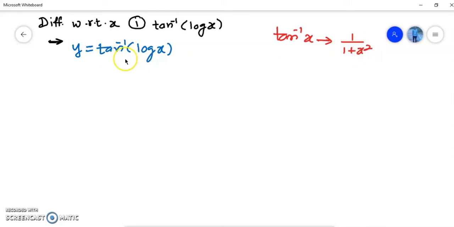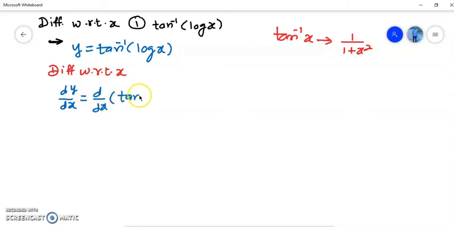So if you differentiate this with respect to x, what you find is dy by dx is equal to, like the right hand side also, d by dx of tan inverse of log of x. So we have to find out this derivative by using this comparison.